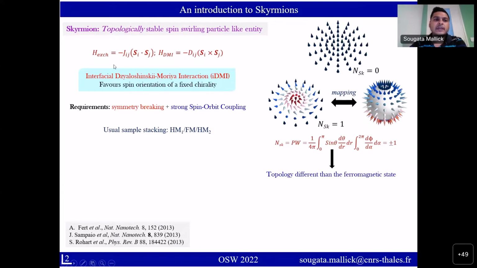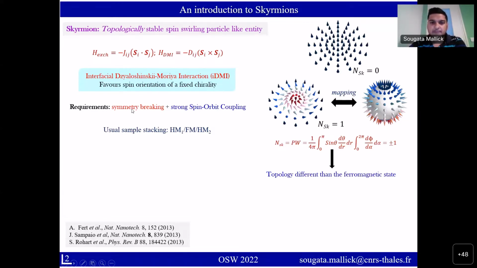But as you know, normal ferromagnetic exchange supports only the parallel and anti-parallel alignment of the spins. So to introduce a chirality, you need a term called the Dzyaloshinskii-Moriya interaction. For this, you need some symmetry breaking in your system, and you need high spin orbit coupling.